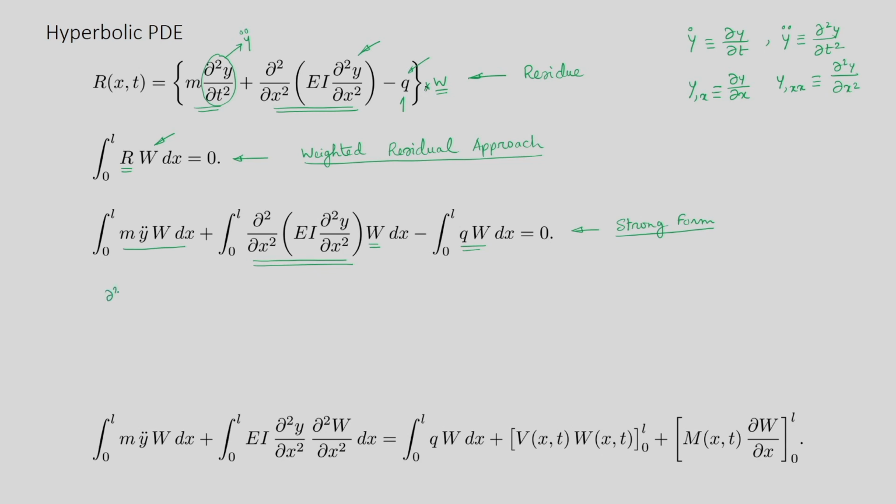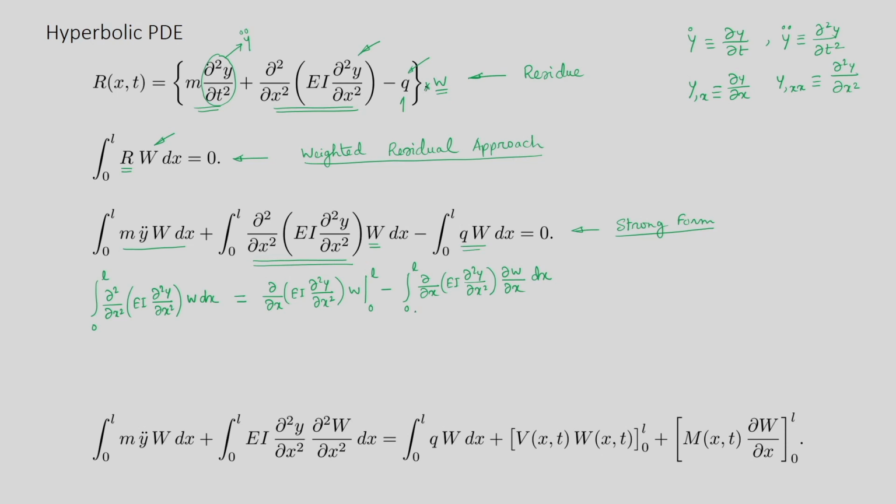So we will write integral from 0 to L of del 2 del x square of EI del 2 y del x square into w dx as the first term, del of del x of EI del 2 y del x square into w, limit 0 to L, minus, what we will get? del of del x of EI del 2 y del x square times the derivative of w with respect to x dx. So we use the integration by parts once.